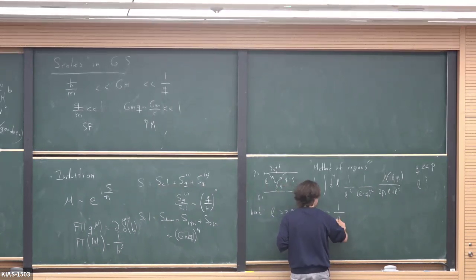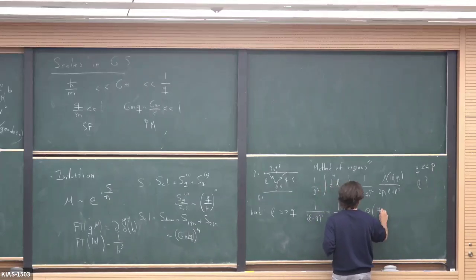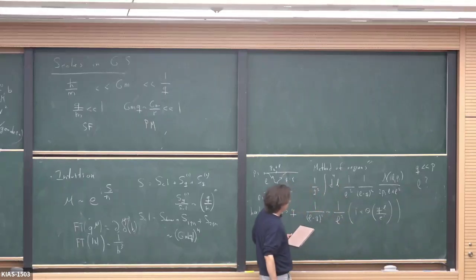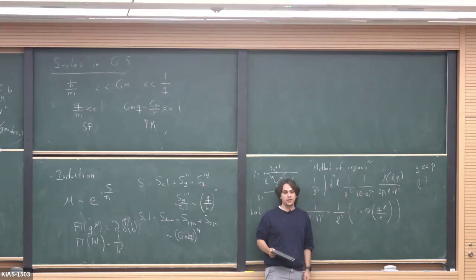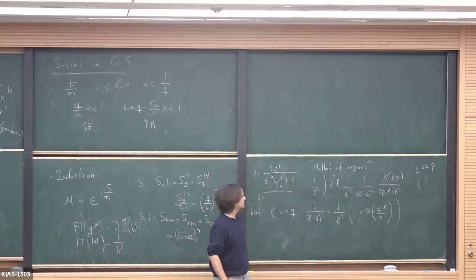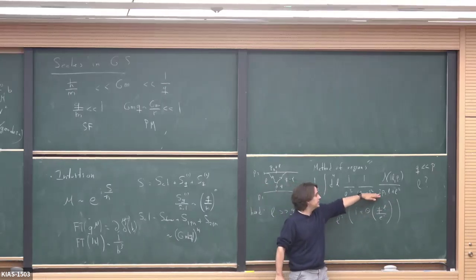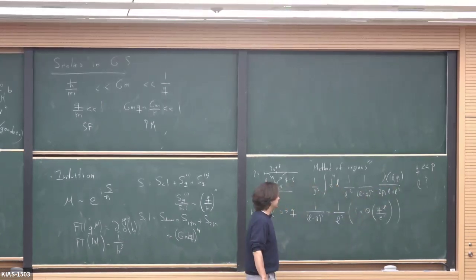This goes like 1 over L squared plus corrections. But the result now is a polynomial in Q. Okay, because Q, the only place where it appeared in this integral is in this denominator here. Here it might appear, but in a polynomial way, right?